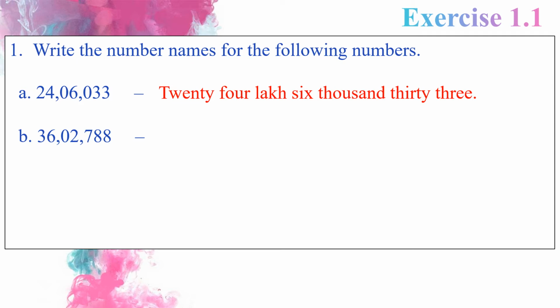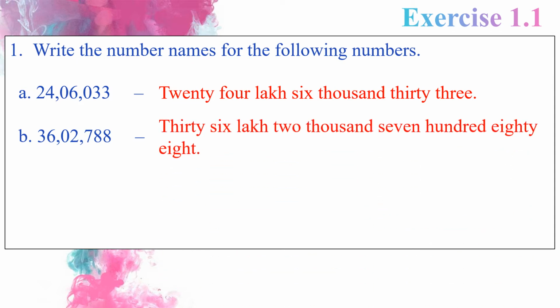B. 36,02,788. 788 is in ones period, 2 is in thousands period, 36 is in lakh period. Therefore, we need to read this as 36 lakh 2,788.